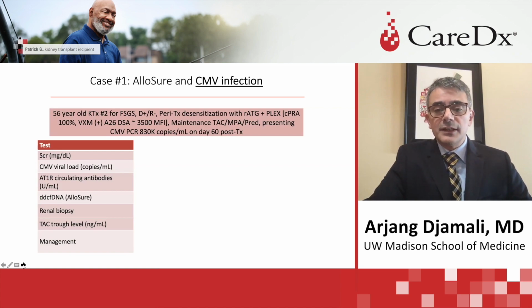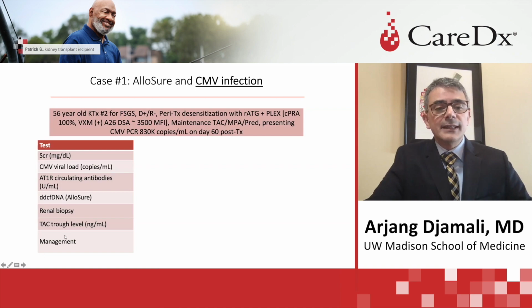Maintenance immunosuppression was standard with tacrolimus, mycophenolate, and prednisone. He presented with a high CMV viral load of 830,000 copies per mL from an outpatient laboratory 3 months after transplant.